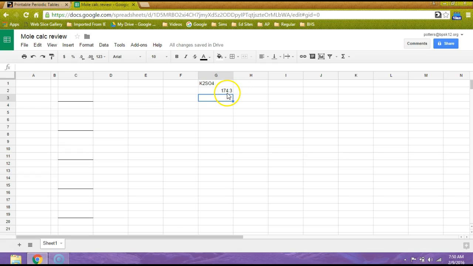So this is the mass in grams of 1 mole. So this is 174.3 grams.